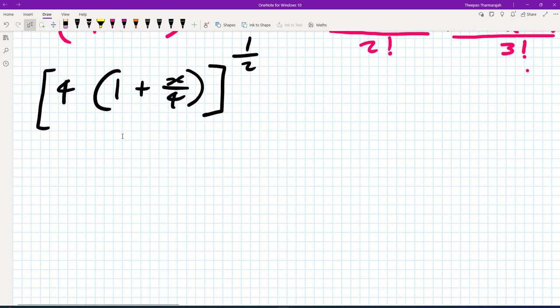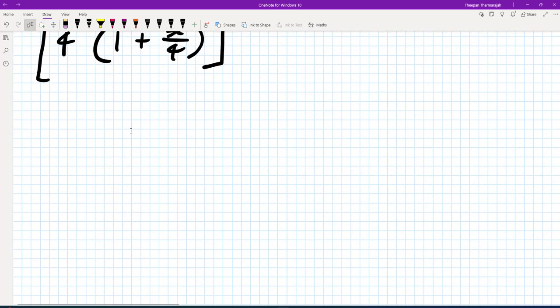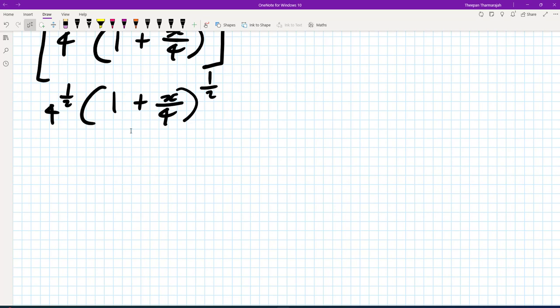Then from the laws of indices, we can say that's the same thing as 4 to the power of a half times 1 plus x over 4 to the power of a half. Then that gives me the following: 2 times 1 plus x over 4 raised to the power of a half.